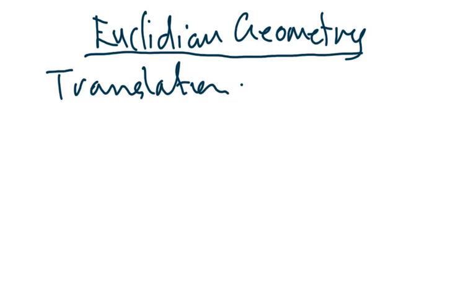And we had said that in order for a translation to take place, one, there must be a direction, and a displacement.